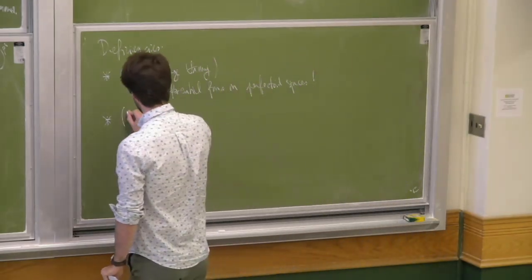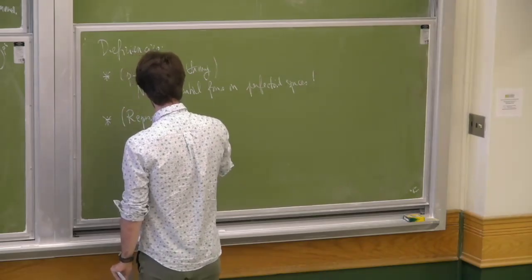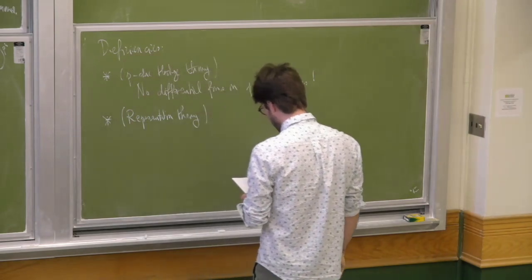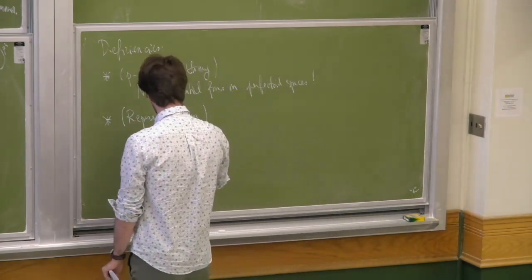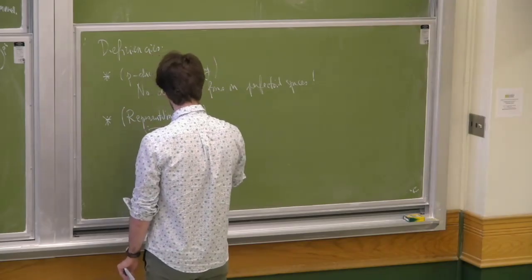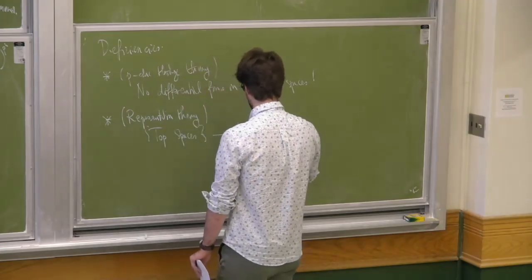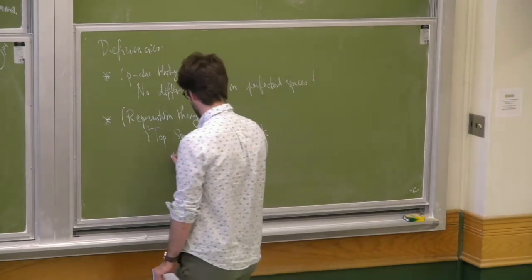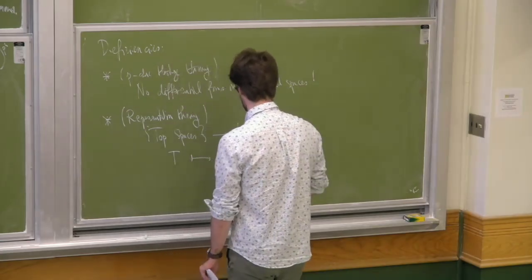And the other example I wanted to give is coming from representation theory. So I should maybe first say that there is a functor from the category of topological spaces to this category of v-stacks, which sends T to something I will denote T underline.